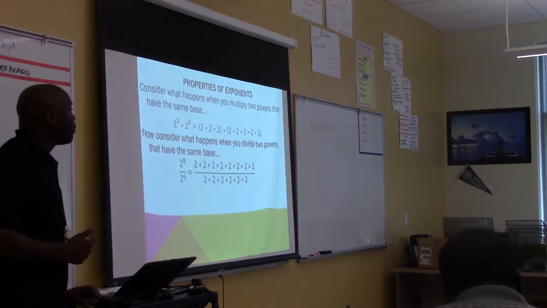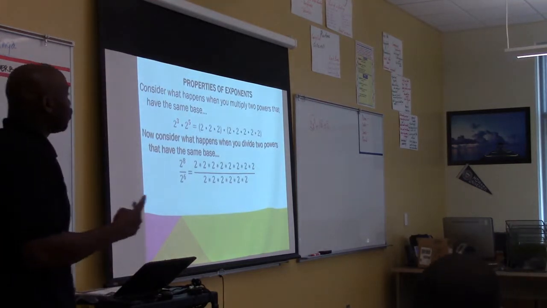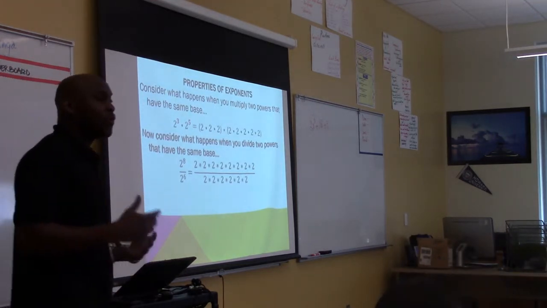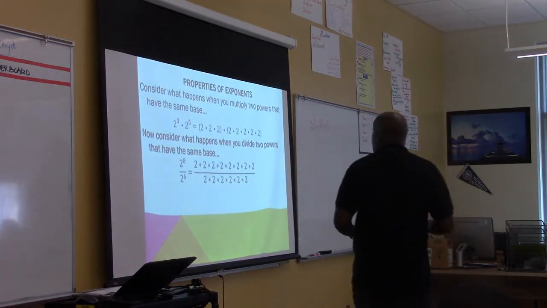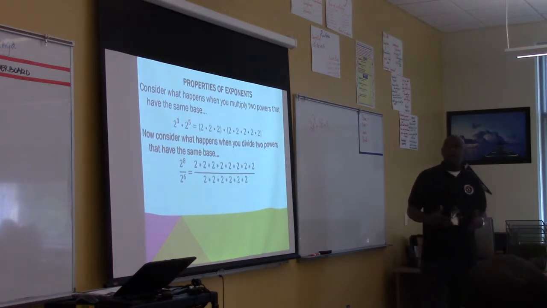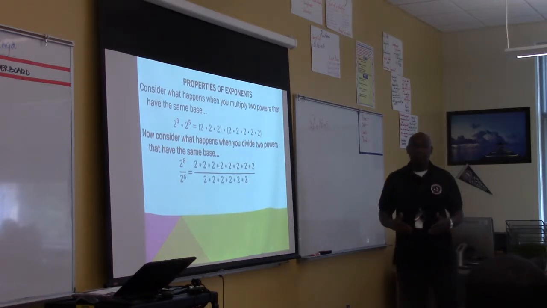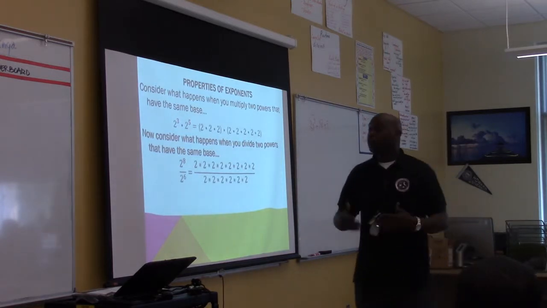Here are some properties that we're going to consider. Consider what happens when you multiply two powers that have the same base. If we have the same base, what can we do with our exponents? And consider what happens when you divide two powers that have the same base.